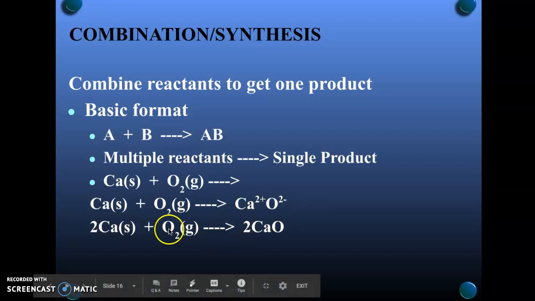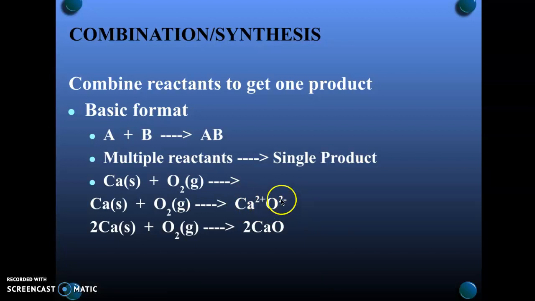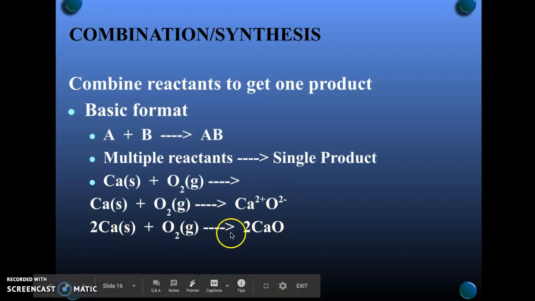Then the last thing you do is balance it out. We would have to put a 2 here to balance the oxygens, and then a 2 to balance the calciums. So when you're writing out the products, consider the charges first, make the charges add up to 0, and then the last thing you do is balance it out.